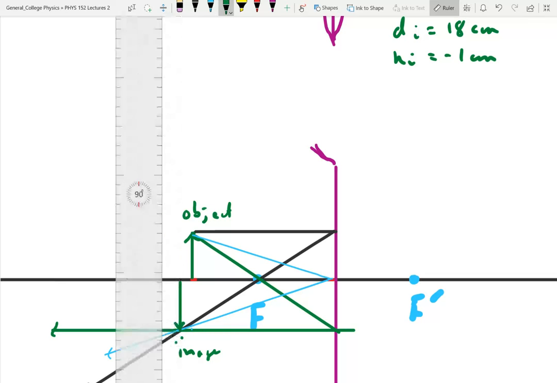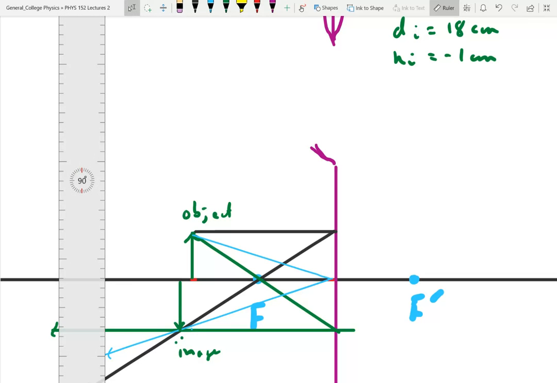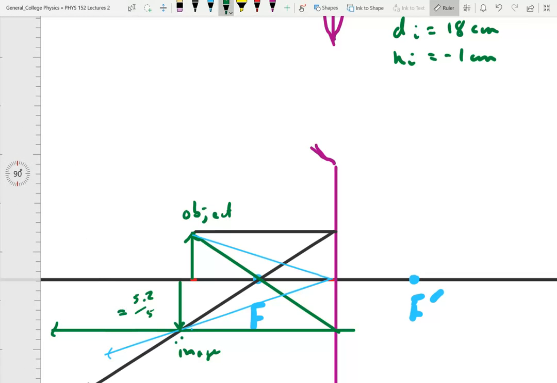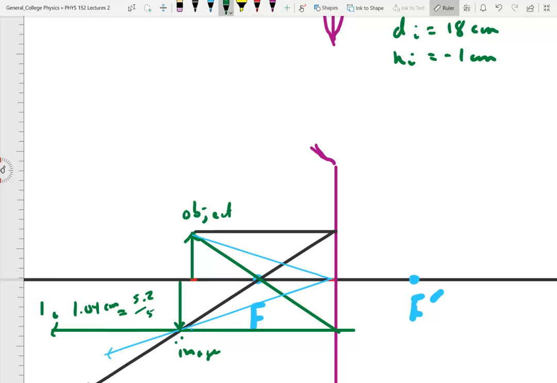So let's say 5.2 divided by 5 is going to be 1.04. Right, my scale was, each one of these marks was 1/5 of a centimeter. So that's why I have the divided by 5. So that's the height of my image. And keep in mind that's a negative height because it's upside down.